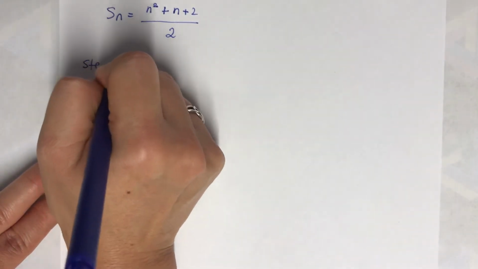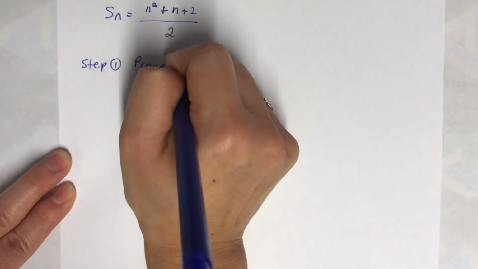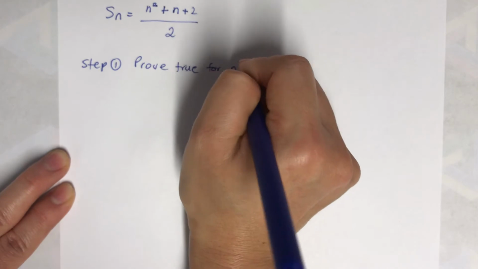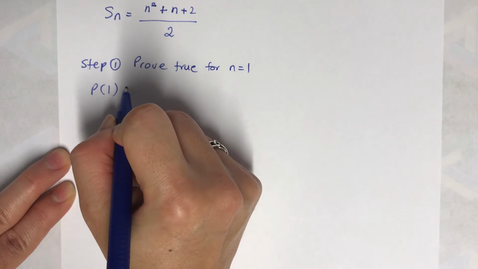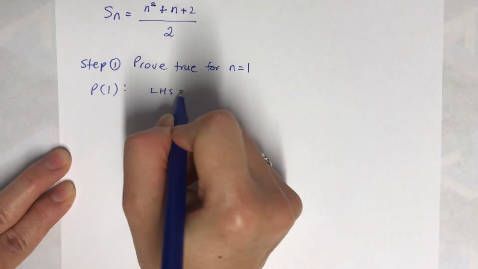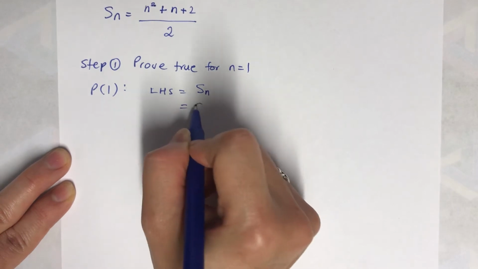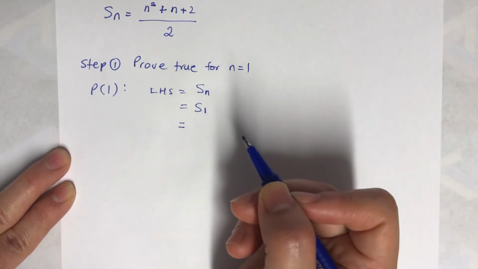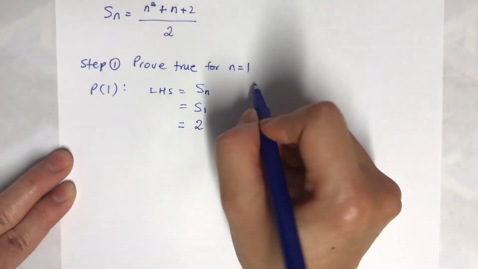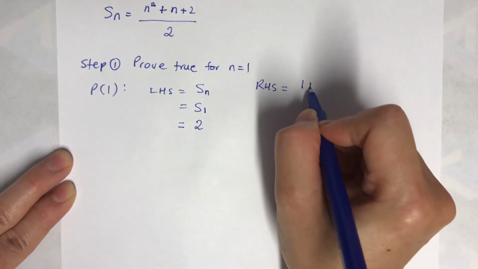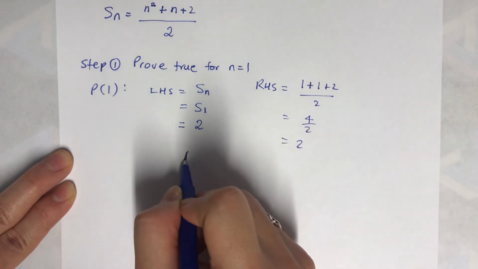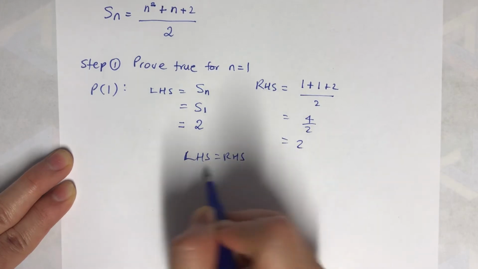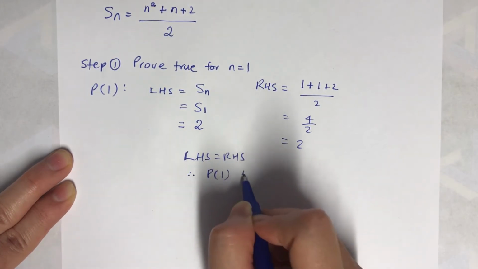Step 1: prove true for n equals 1. So P1: the left hand side, I've got Sn, which is S1. What was S1 from the table? It was 2, wasn't it? And the right hand side, if I put 1 there, that's 4 over 2, which is 2. So left hand side equals right hand side. Therefore, P1 is true.